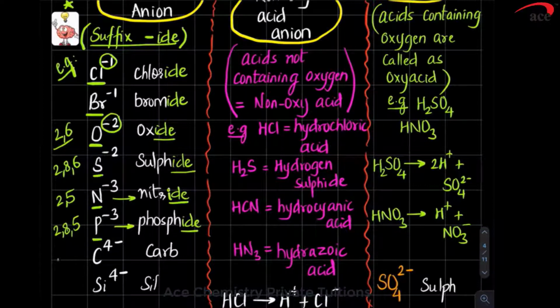Carbon, group 14 element, 2,4. Carbon can have plus 4 and also minus 4. Imagine it forms an ionic compound, then carbon will have minus 4, accepting 4 electrons, and will become carbide.